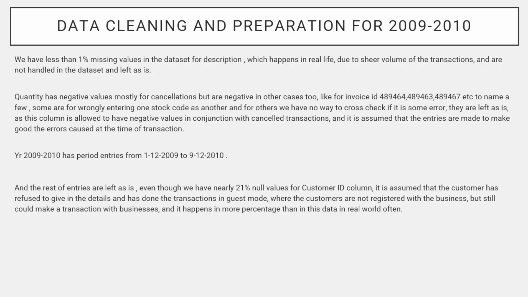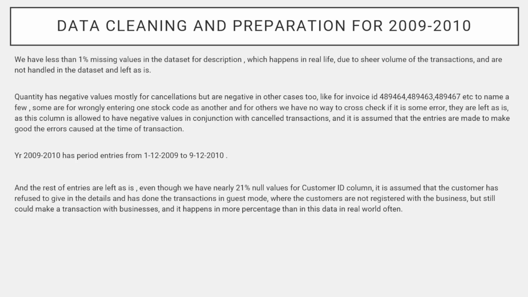And after going to certain IDs like 489464, 489463, 467 and other entries, we could see that these are all corrections made to the invoice values, as in say they have sold cake stands but in the description they have wrongly typed as candlesticks.